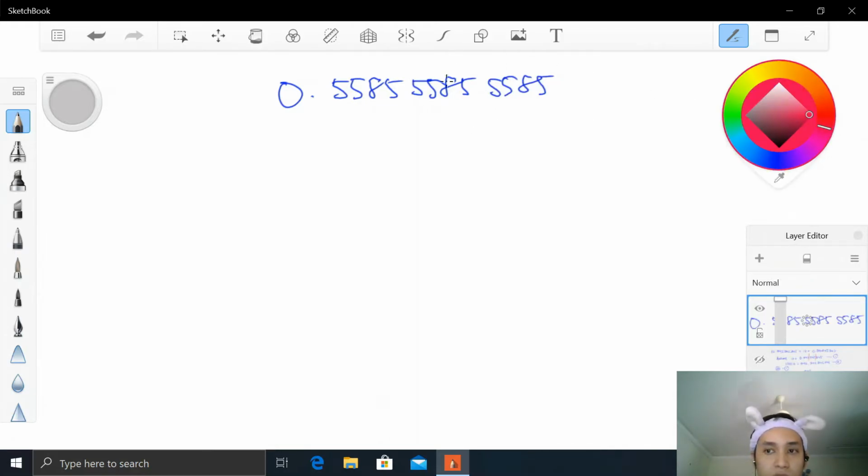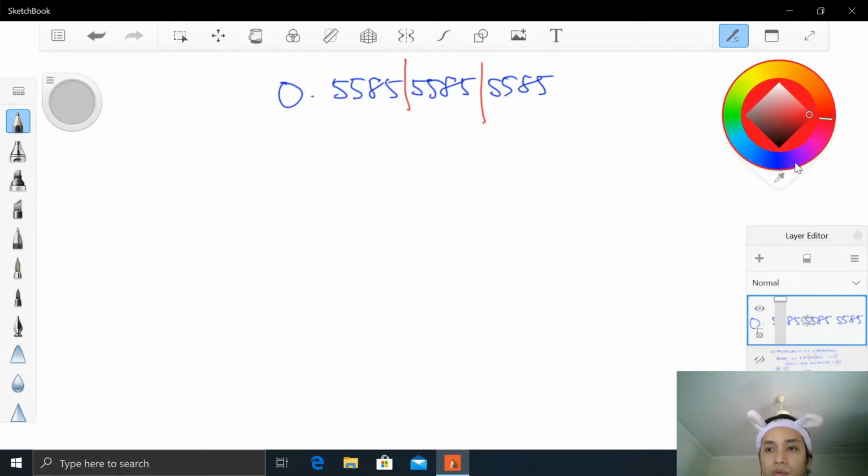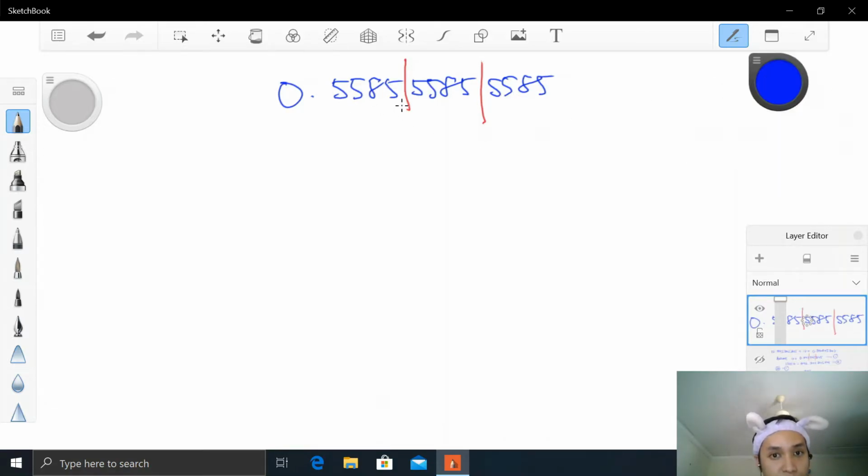So if you see here, my recurring part is 55855585. Once I know that this one is 4 decimal places, meaning I can immediately know that my answer is 5585 divided by 9999. So you just press your calculator, see whether you can get your simplified version.